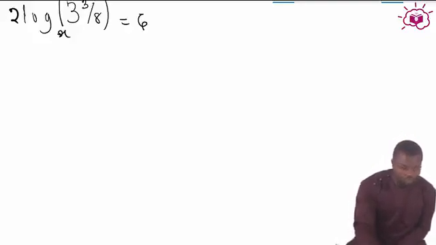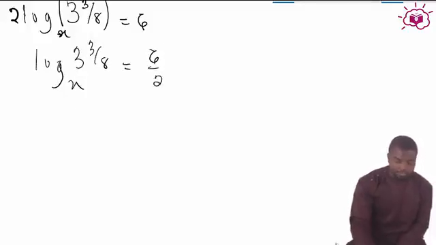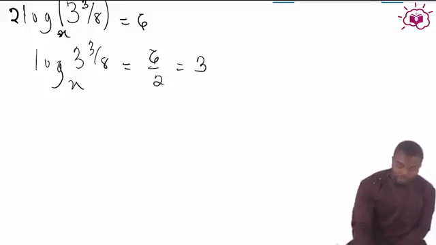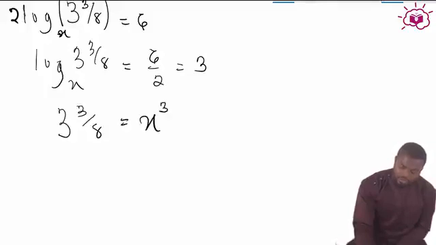In this case, the first thing to do is to divide both sides by 2, so that we remove the 2 beside it. So we'll have log of 3 and 3 over 8 base x equal to 6 divided by 2, which is equal to 3. Now, from the third rule, this will give us 3 and 3 over 8 equal to x cubed.